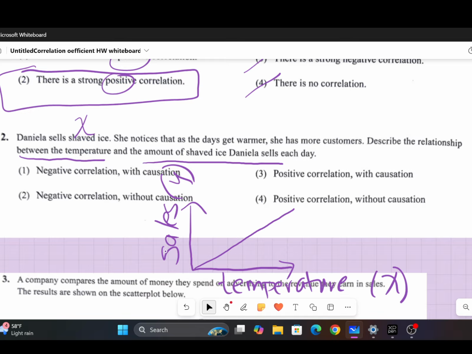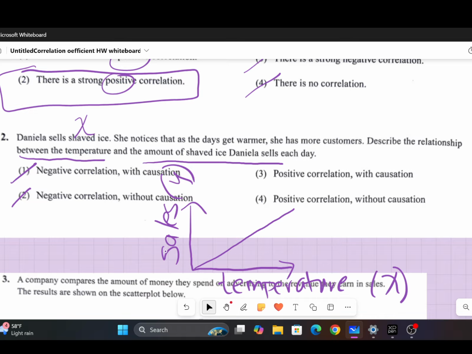So I know for a fact number 1 can't be true because that says negative correlation. Number 2 also can't be true. So now we're down to 2 options that say positive, numbers 3 and 4. Look at the difference between these two. Number 3 says with causation, and number 4 says without causation.